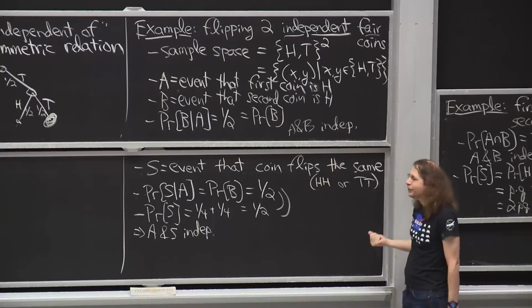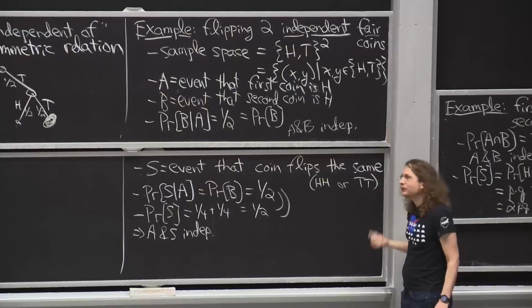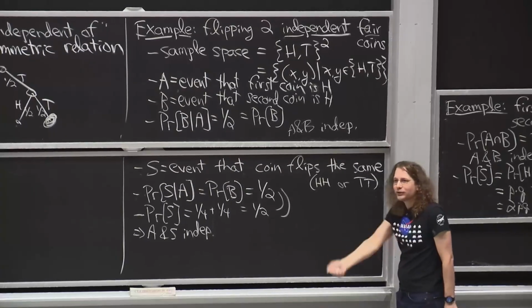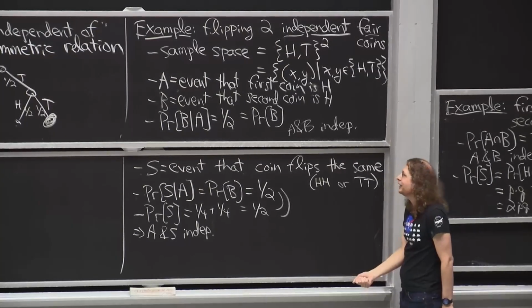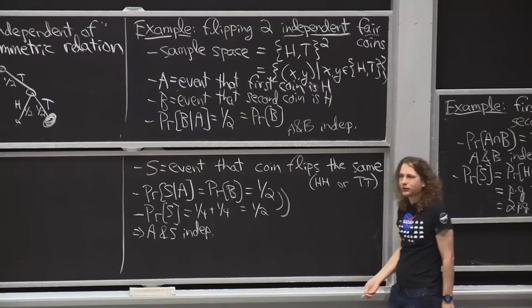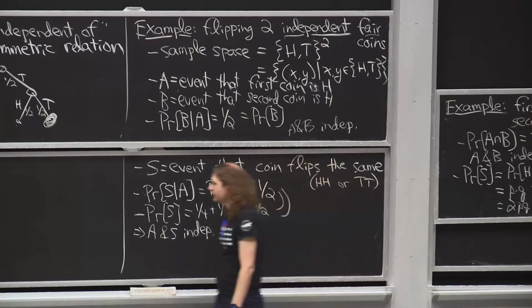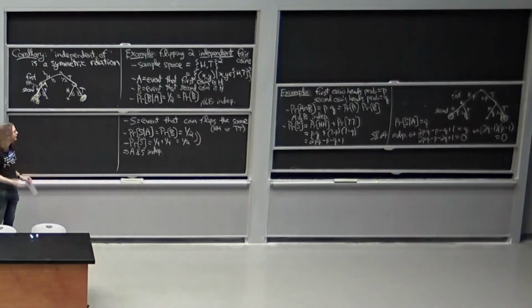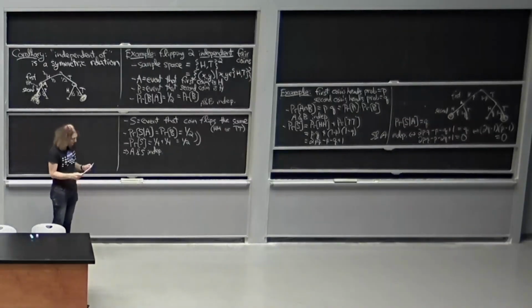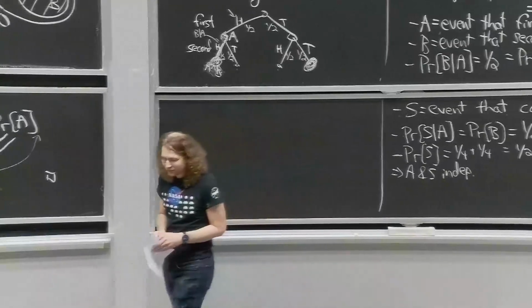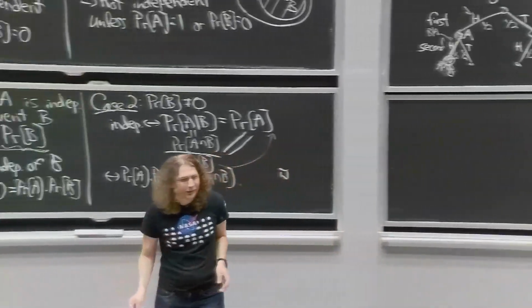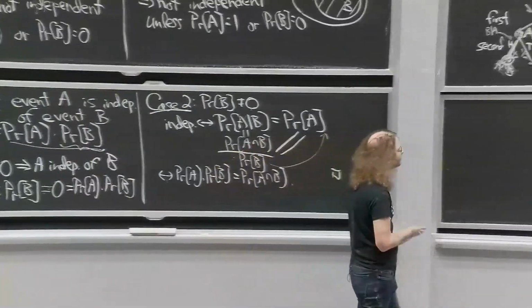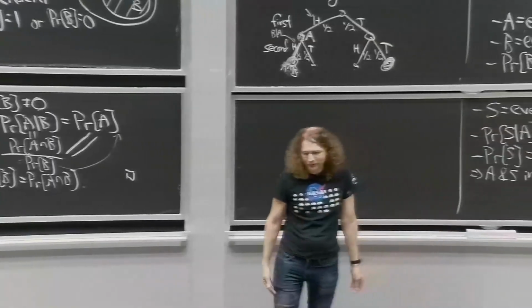So if we were playing this gambling game with unfair coins and you knew p and q, and I told you that the first one came out heads, that actually tells you something about whether the next coin is more or less likely to match it, because then matching is no longer symmetric. All right. So lots of examples of coin flipping. Maybe it gives you some intuition for examples that are independent and some that are dependent.